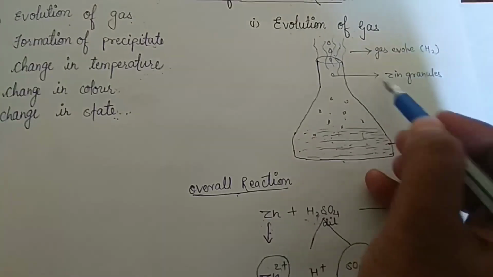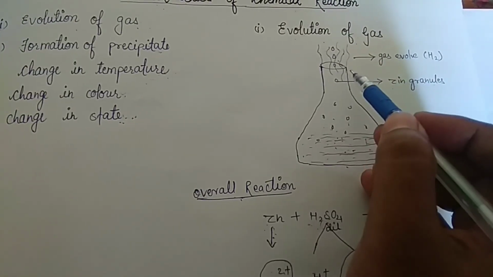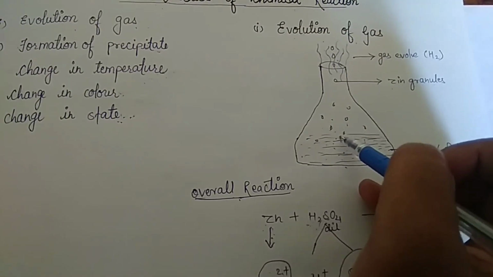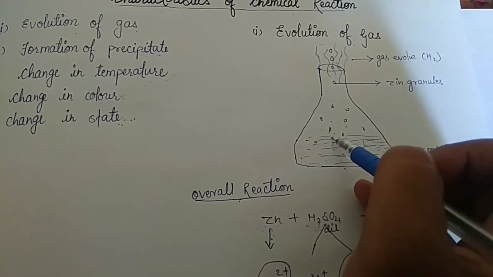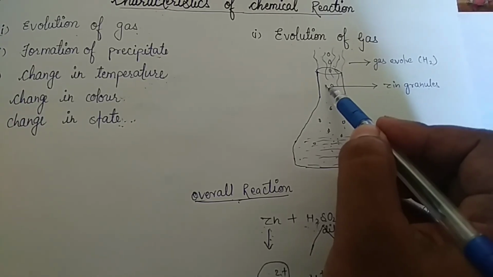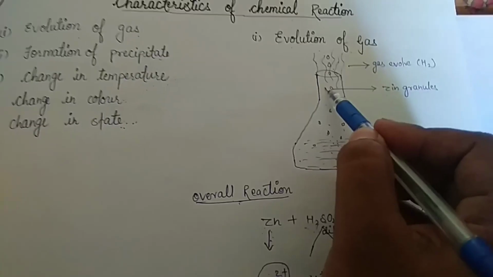Children, zinc granules mean small pieces of zinc. Add some zinc granules in this flask. After a while, we observe that gas starts diffusing in the conical flask and coming out. This observation shows that there is an evolution of gas. It means there is a chemical reaction.